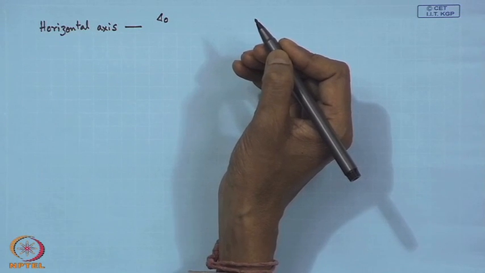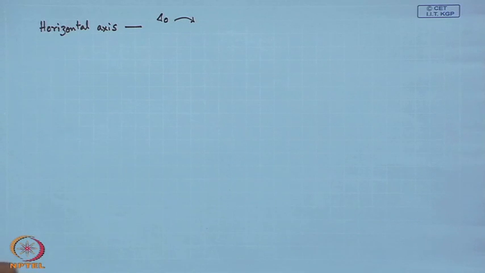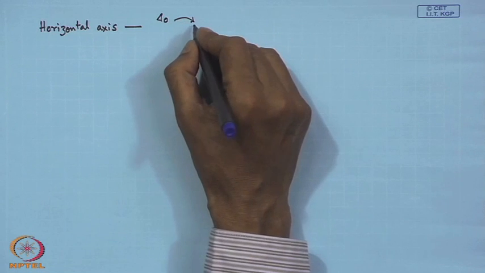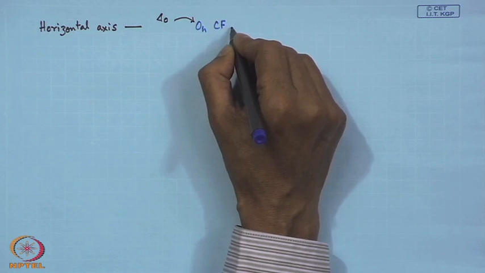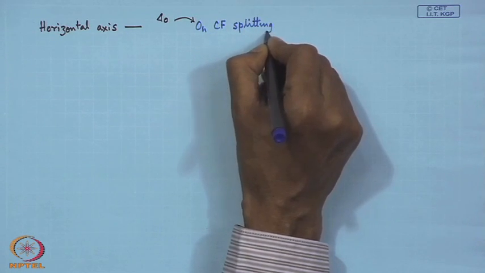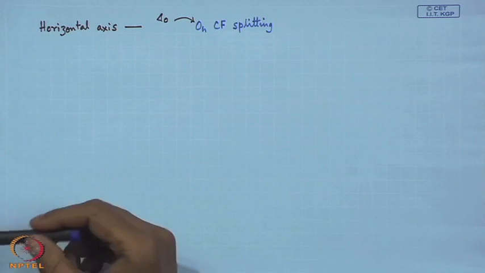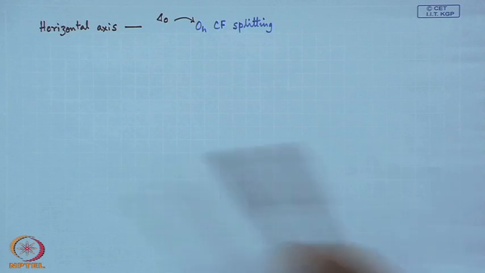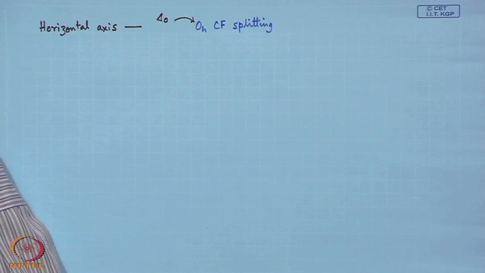So, delta octahedron will be there, which is our octahedral crystal field splitting in this particular geometry. So, octahedral crystal field splitting will be there for this delta O value, and this can be nicely changed to this particular one.